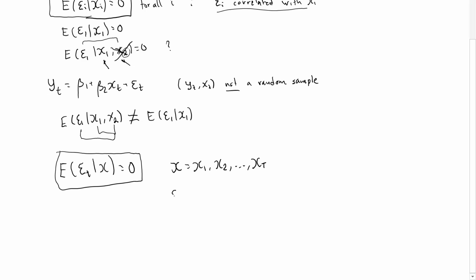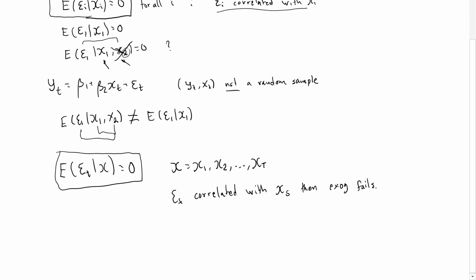So if epsilon t is correlated with the x value at another time period, xs, perhaps a previous time period or next time period, then exogeneity fails. A necessary condition is that the error term is uncorrelated with all the x variables at every point in time.